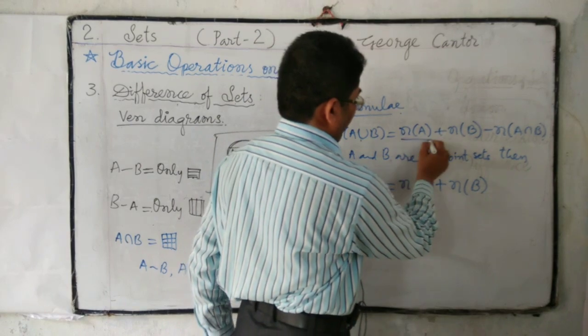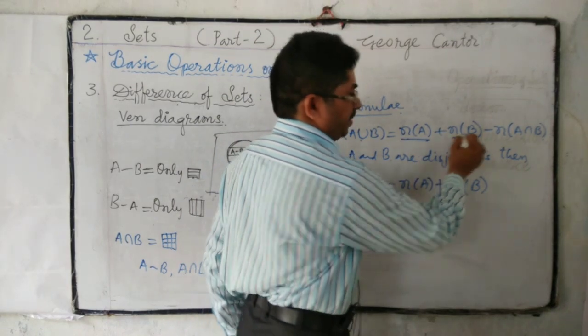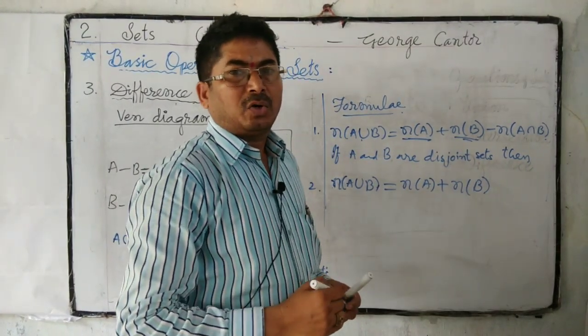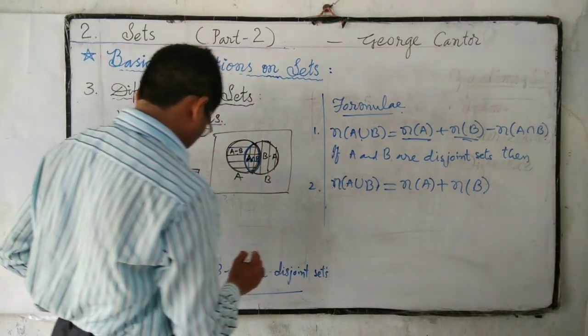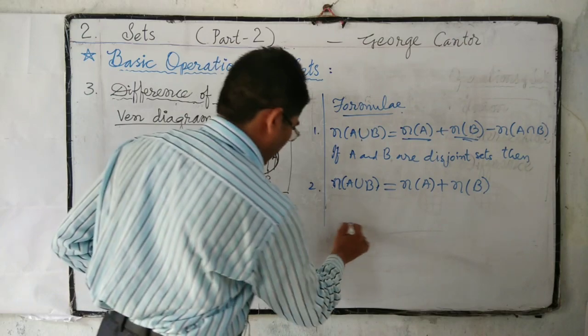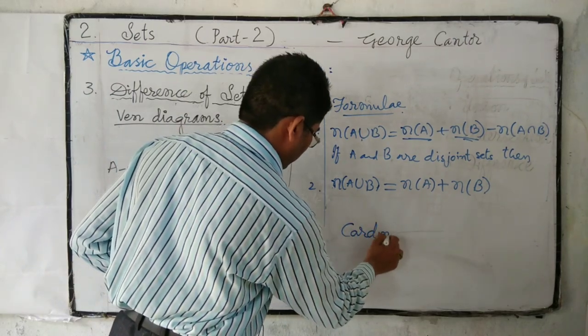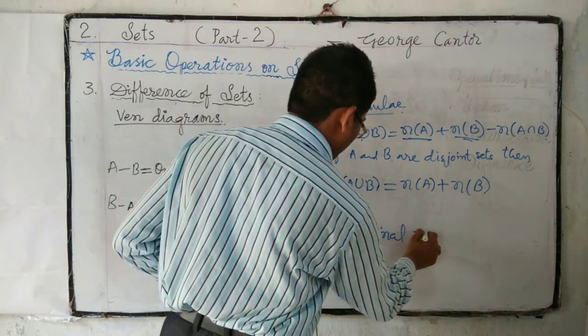This number of A, number of B is a cardinal number, means how many elements are in this set.